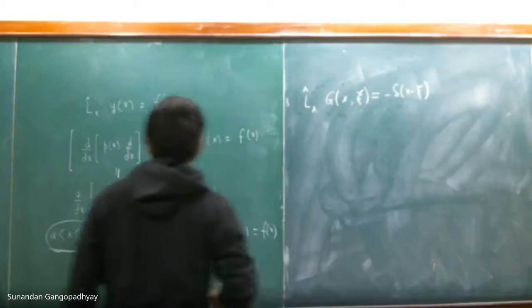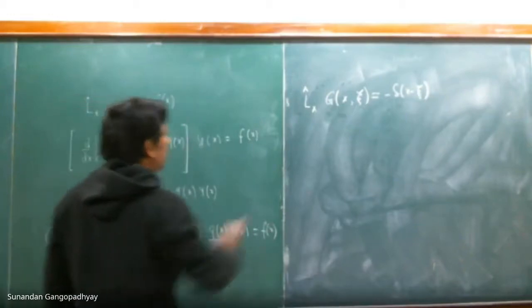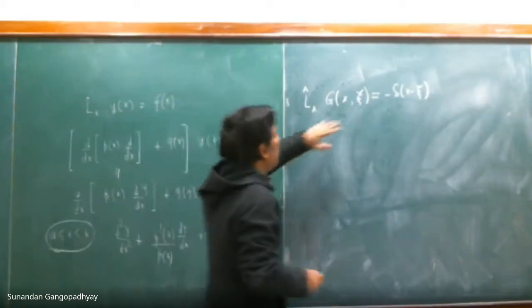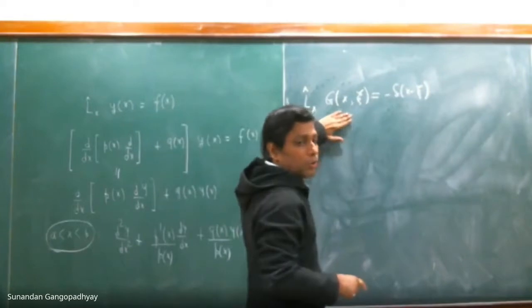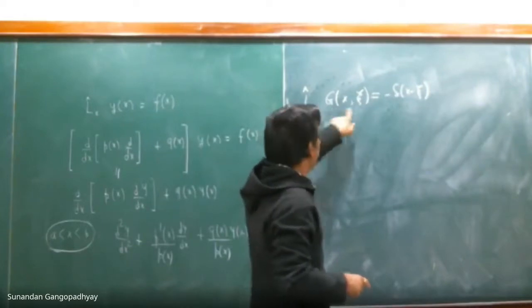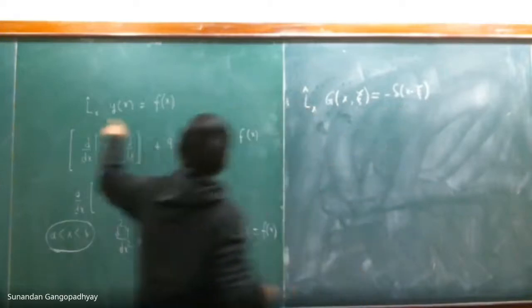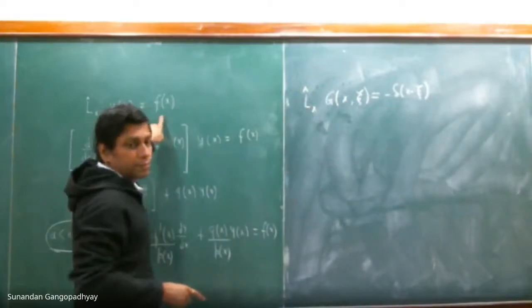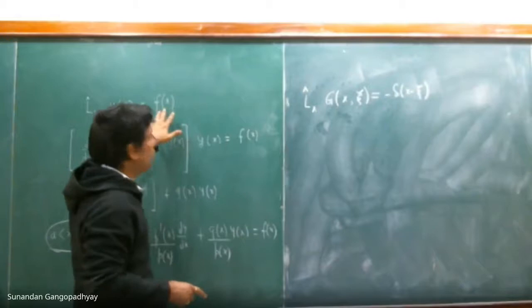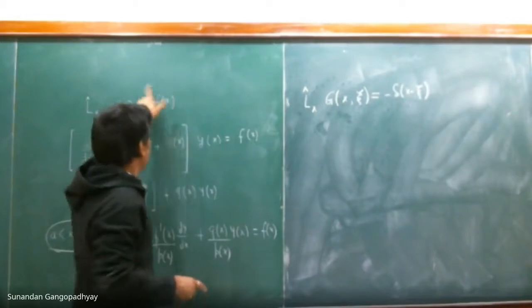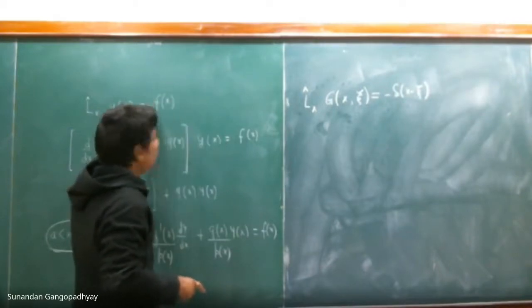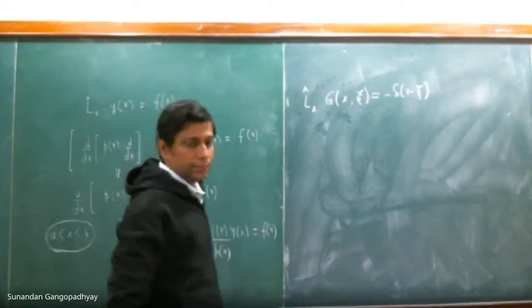And then the thing is that if you can solve this differential equation, then the solution of this differential equation is known. You can find out the solution of this differential equation. I repeat once more, this function f of x is a known function of x. I will give you the functional form of that thing.